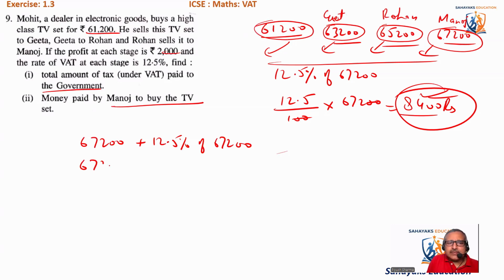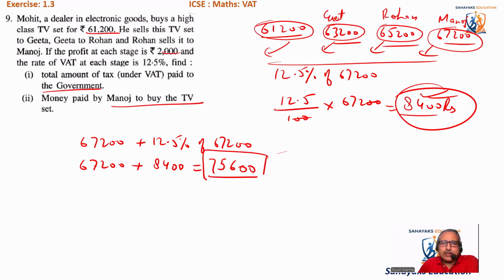So it is 67200 plus 8400 rupees which he has to pay to buy this product. So 0, 0, 0, 0, and 2 plus 4 is 6, and then 7 plus 8 is 15, 1, which comes as 7. So he purchases it for 75,600 rupees to buy this product.